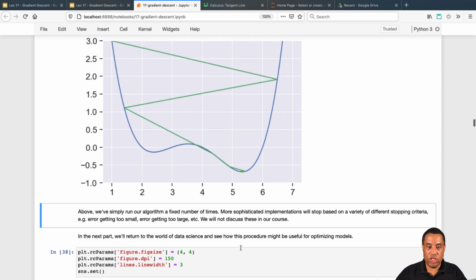So the challenge here is, we're just running our algorithm a simple fixed number of times. We're picking our alpha and initial starting values pretty arbitrarily. And that's going to give us potentially arbitrary results. Now, more sophisticated implementations stop based on a number of different stopping criteria, like the error is getting too small or the error is getting too large.